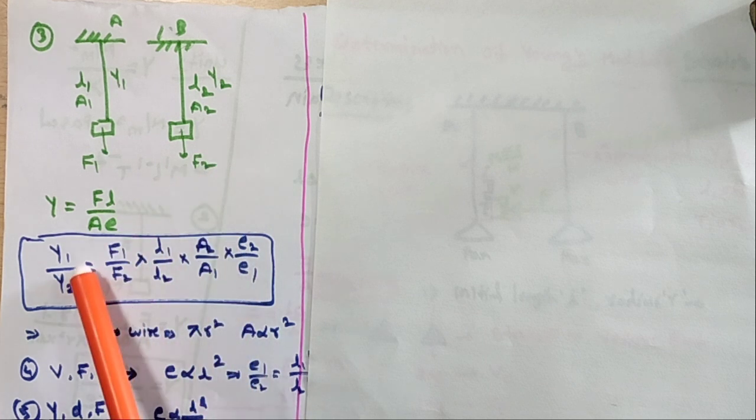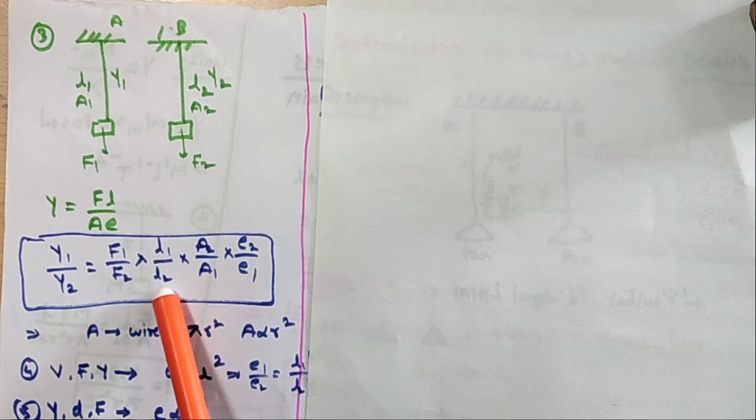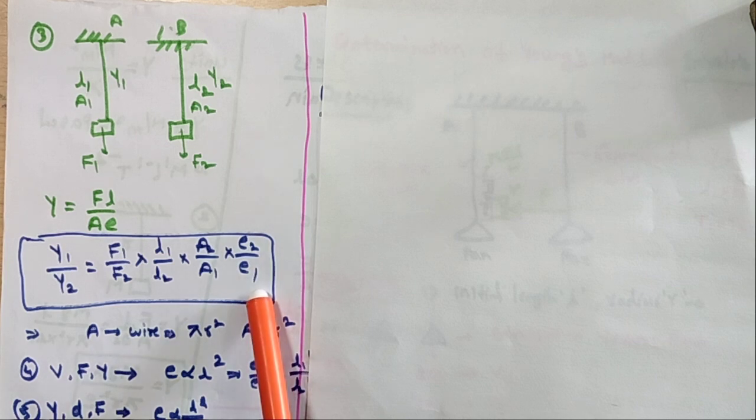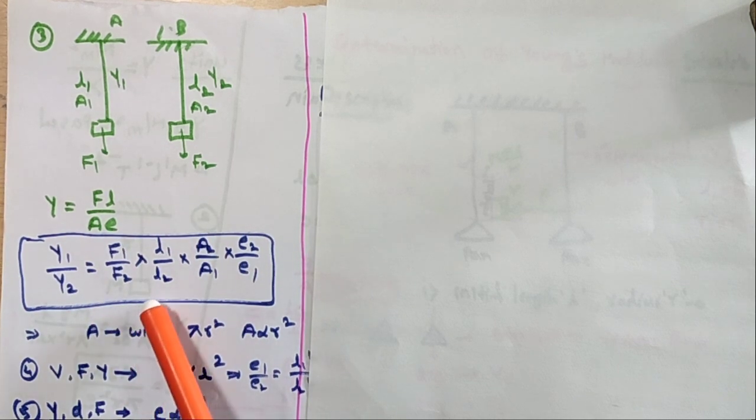I am taking the ratio: Y1 by Y2 is equal to F1 by F2 into L1 by L2 into A2 by A1 into e2 by e1. Sometimes the ratio of the two wires is given. By using this formula, I can calculate the ratio of the Young moduli.